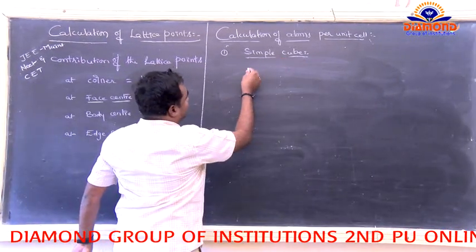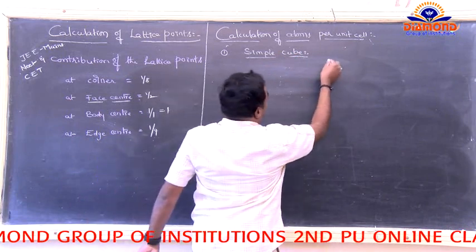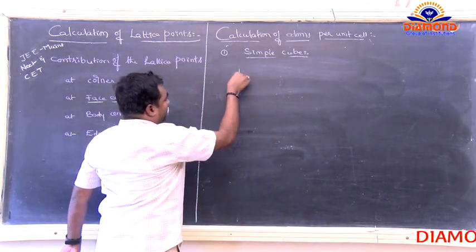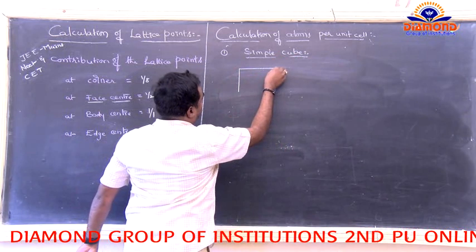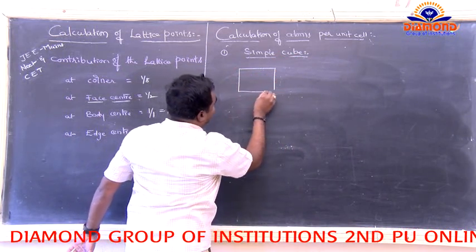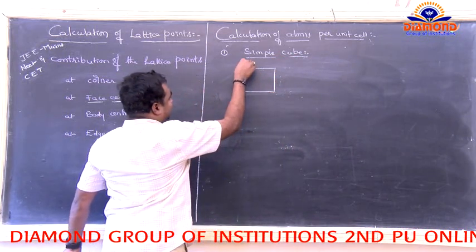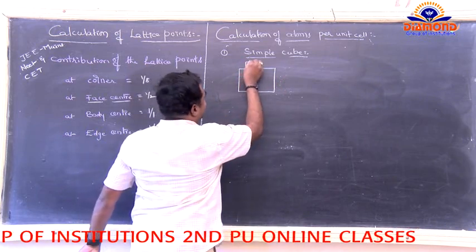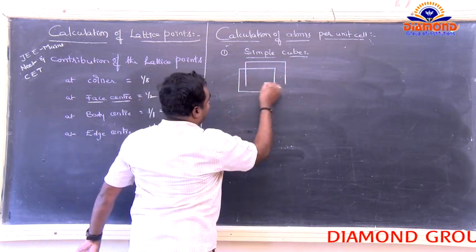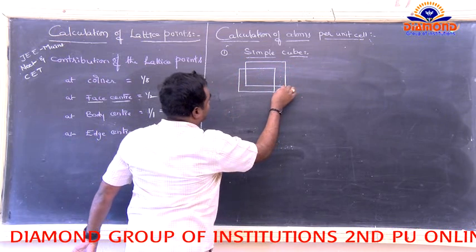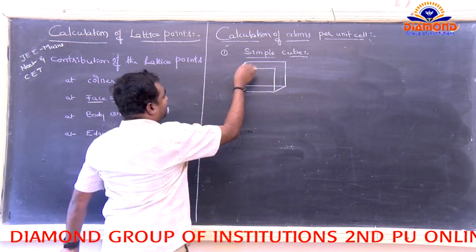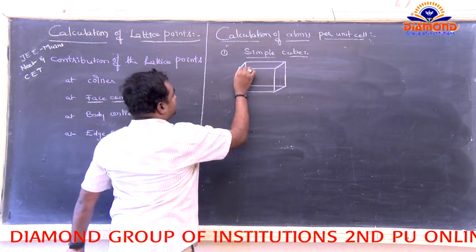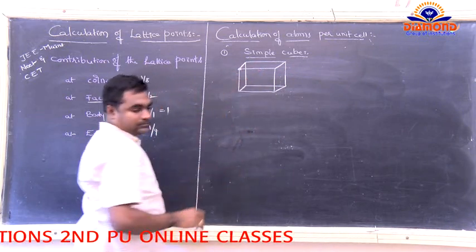Now, what is the geometry of the simple cube? In a simple cube, the lattice points are present only at the corners.